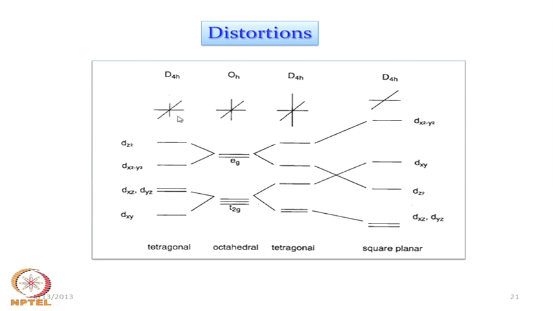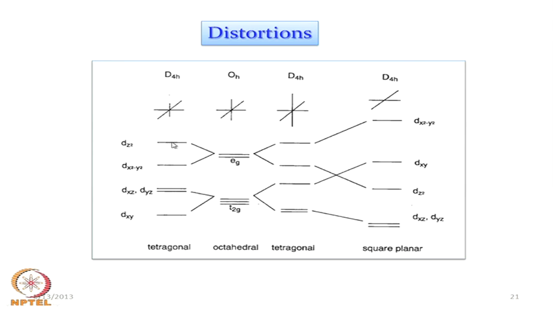which is the compressed one, meaning we have a short metal-ligand distance, we have the ligands, and the situation is completely different compared to our square planar situation. In the square planar situation, we do not have any ligand in the z direction, but here the interaction is more in the z direction and we have a short metal-ligand distance in the z direction.